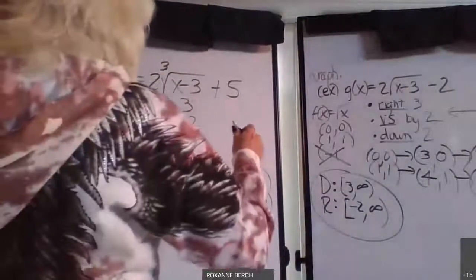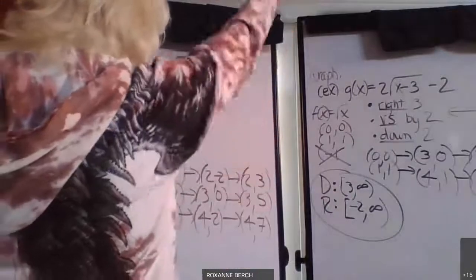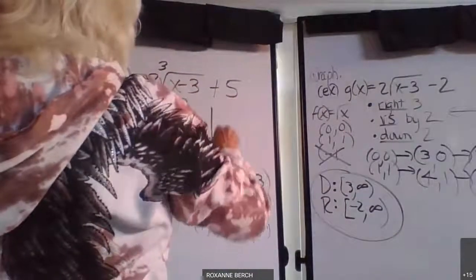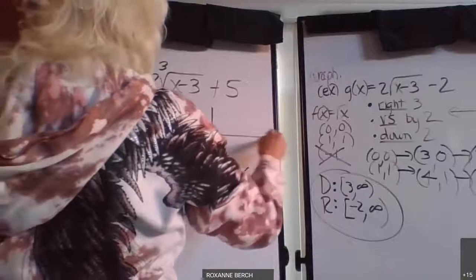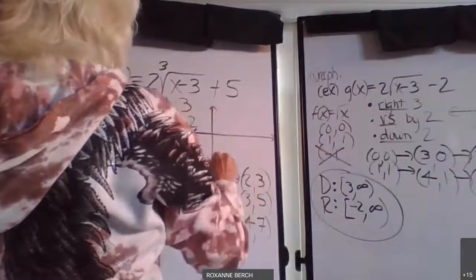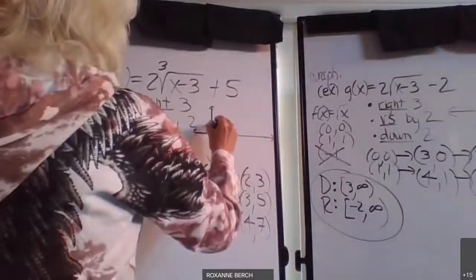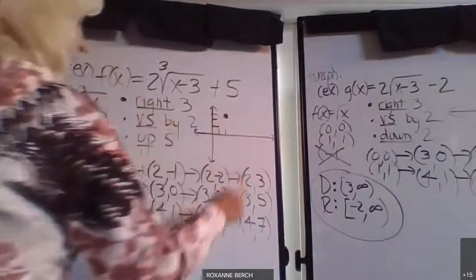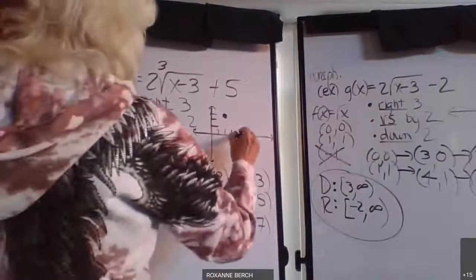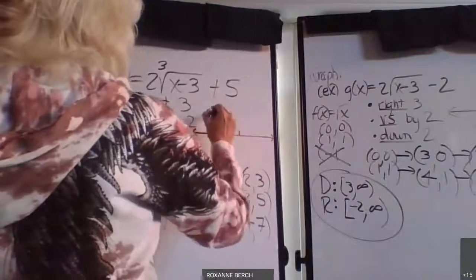So when you go to graph these, you're graphing right 2 up 3. You're graphing right 4 up 7.